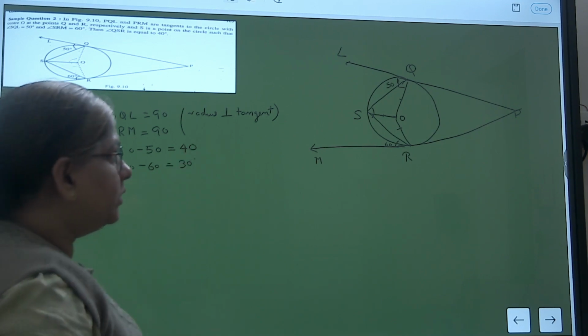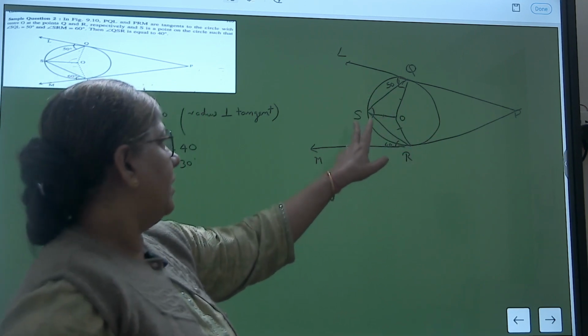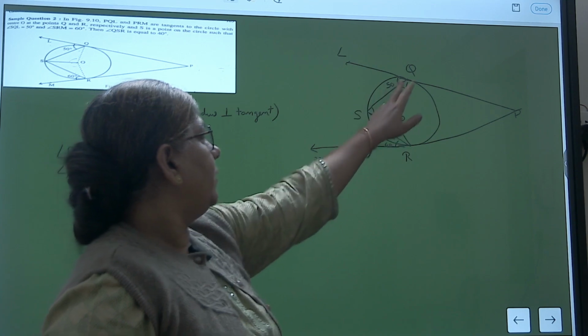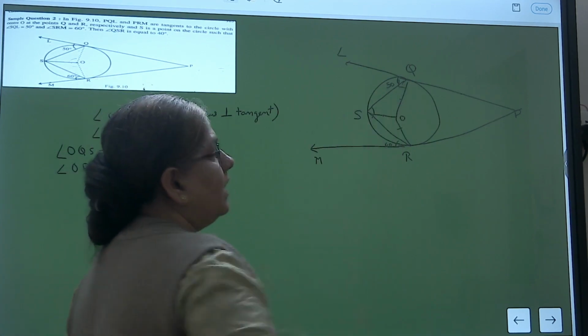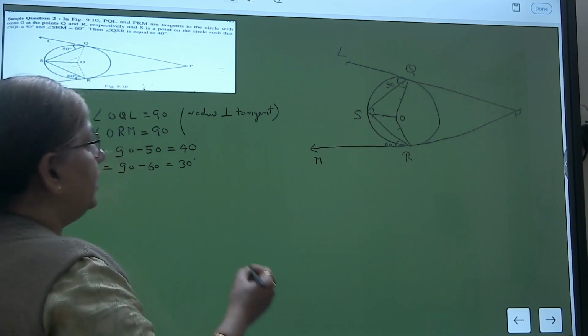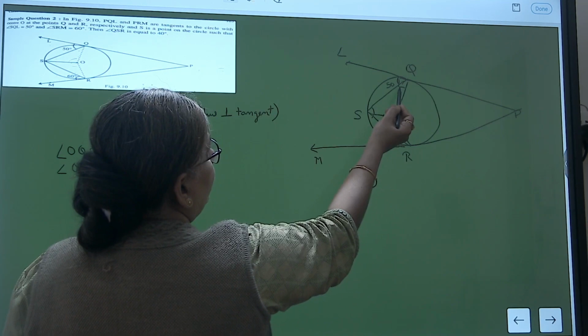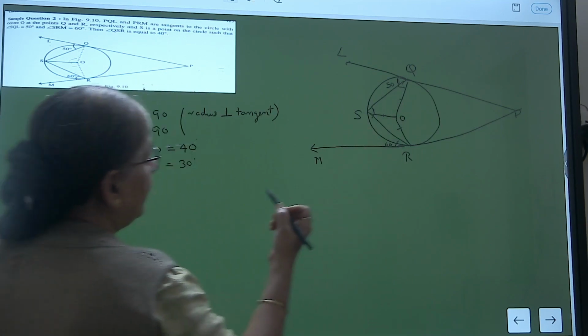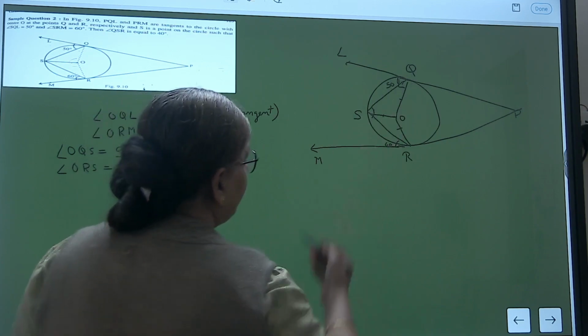Now we'll use the property of isosceles triangle. We see OSQ is an isosceles triangle and we know that base angles are equal. So using that logic, we can say this angle is equal to this angle, that is OQS is equal to OSQ.